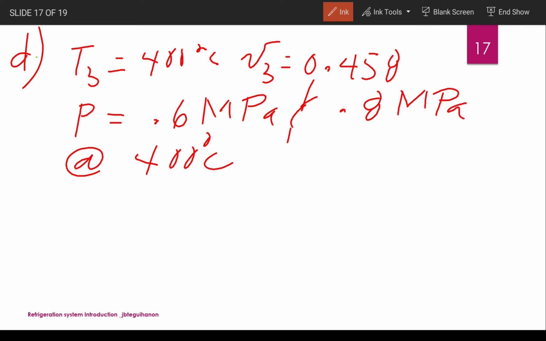Okay, so by interpolation, P3 is equal to, substitute now the values. From the table, I'm not going to show the table because I have shown it already. This is just a review.